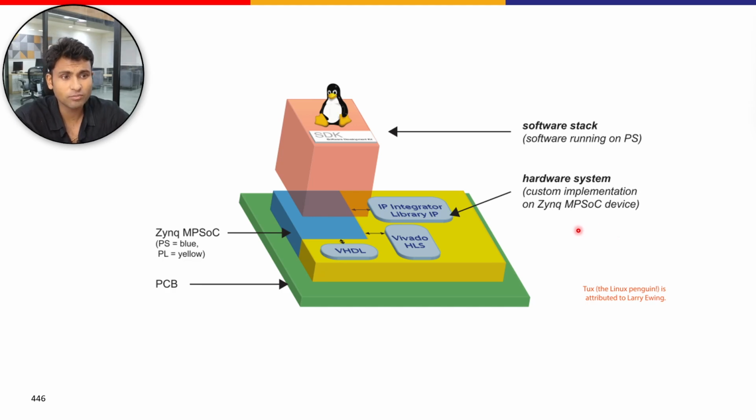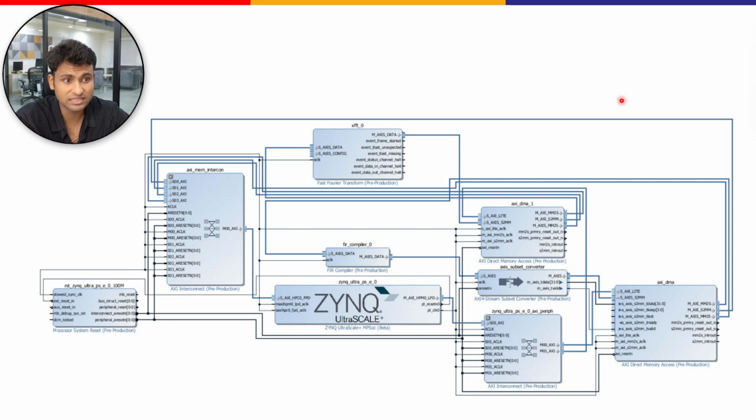Let's now look at a complex block diagram illustrating the interconnection of various IP blocks within a Zynq UltraScale+ MPSoC system. This block design represents a hardware design where the processing system PS and the programmable logic work together to perform data processing tasks using direct memory access, fast Fourier transform, and FIR filtering.